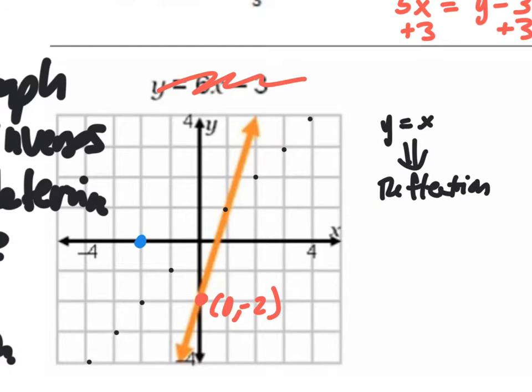Now notice that the slope here is up 1, 2, 3 over 1, so it's really a slope of 3. If I go up 1 and then over 1, 2, 3, and plot another point here, then that's what we get. We get these two lines, and they're reflected over the line y equals x.